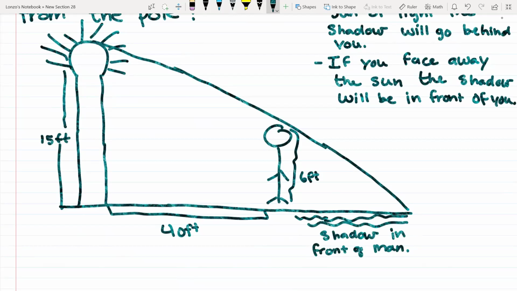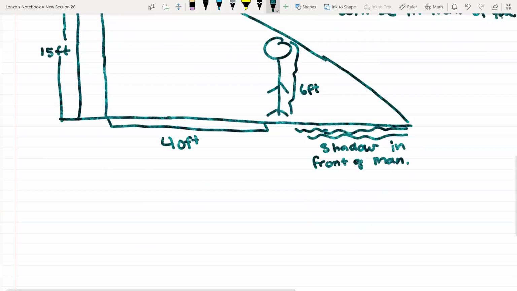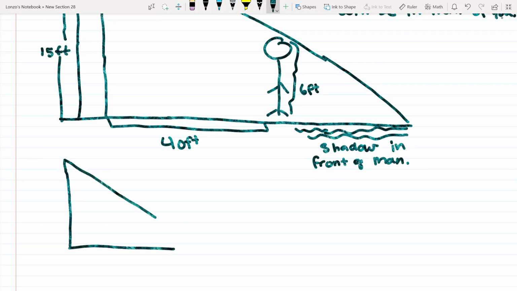Now we have two similar triangles. The pole is 15 feet, this length here is 6 feet, this is x and this is 5.